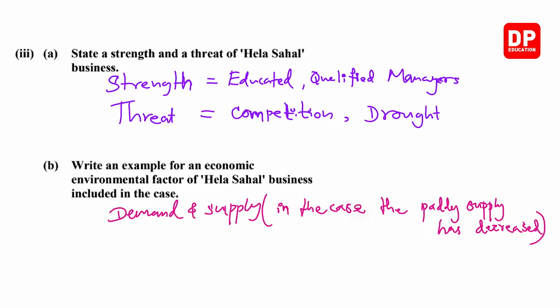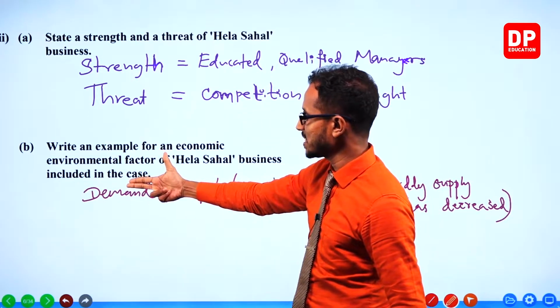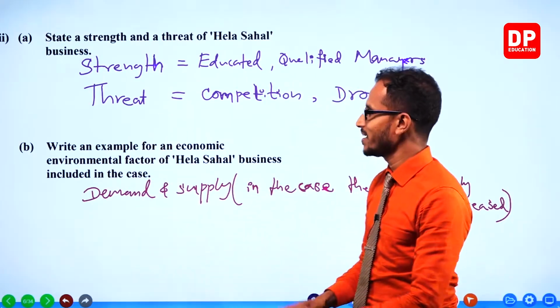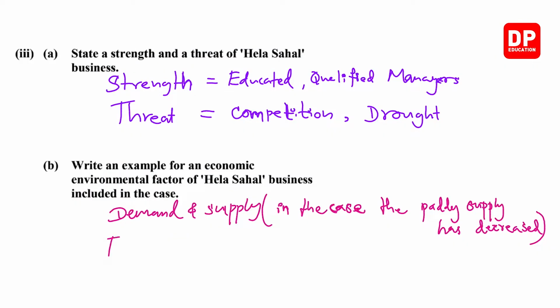I'm trying to relate to the case here, right? Because they're asking for examples from the case, some business included in the case. See, that's the case. Example for an economic environmental factor. Or you can write the control price mechanism. It's a mechanism in the economic environment.